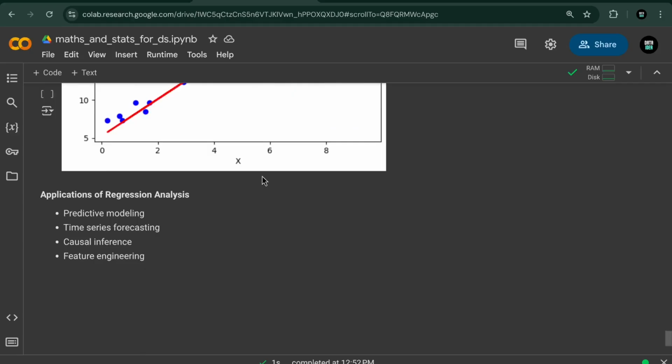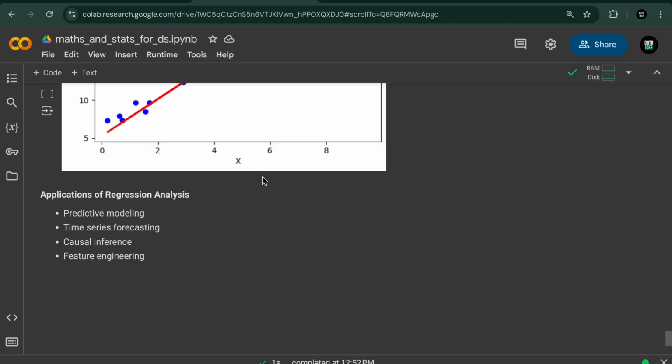Regression analysis is applicable in very many cases, such as predictive modeling and time series forecasting. You want to find out, if in previous years we've been getting this amount of income, what happens in the next year, or if we've been getting this amount of rainfall, what will happen in the next period.